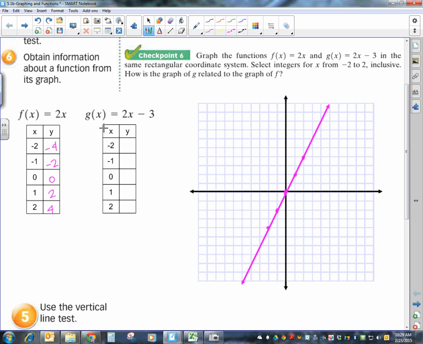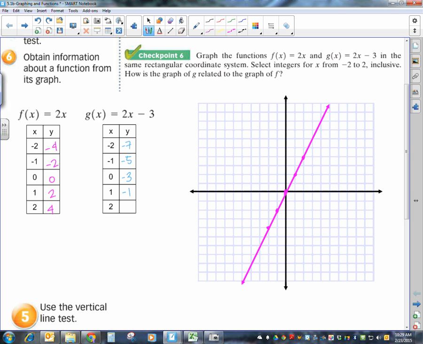Okay, and now I'm going to plug in the same values. 2 times -2 is -4 minus 3 is -7. 2 times -1 is -2 minus 3 is -5. 2 times 0 minus 3 is -3. 2 times 1 minus 3 is -1.